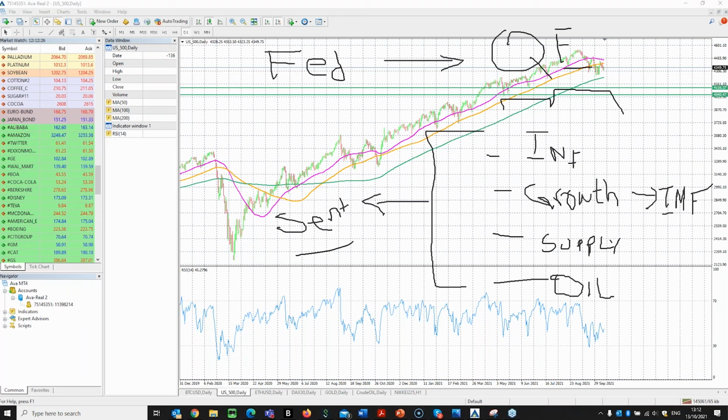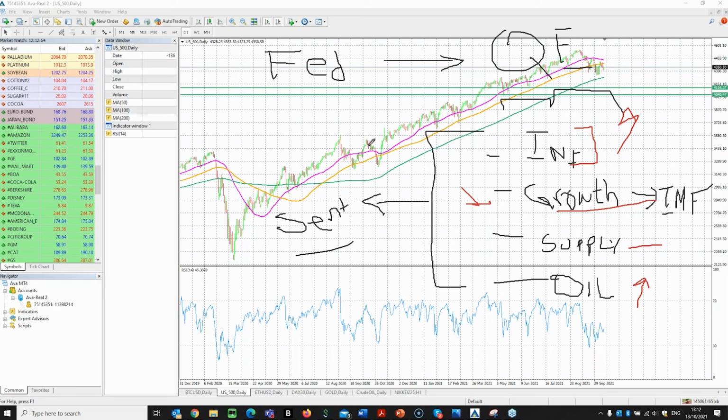So once again, what we need to understand in relation to the market is, number one, inflation. Inflation is going up, and it's an issue for investors. Growth is going down, which is important for investors. Supply is in a bottleneck, creating a lot of pressure for investors, and oil prices are increasing.